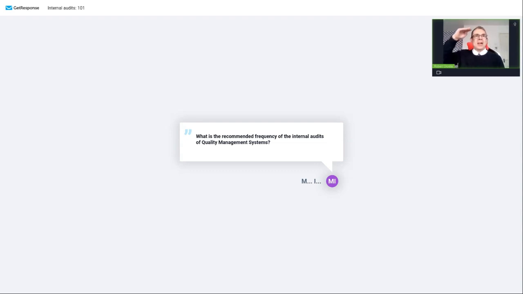So this goes back to that matrix whereby they're auditing the entirety of each clause over the months of the year. Now, as I said earlier, there may be a need for you to spread that over a longer period of time. Generally speaking, that's how we operate things at Citation ISO certification.